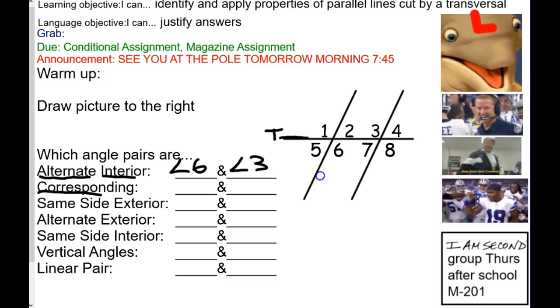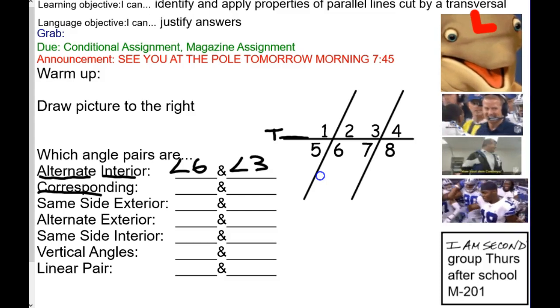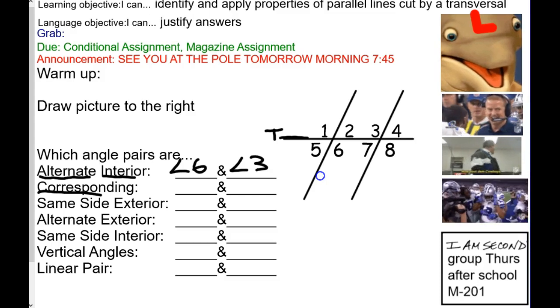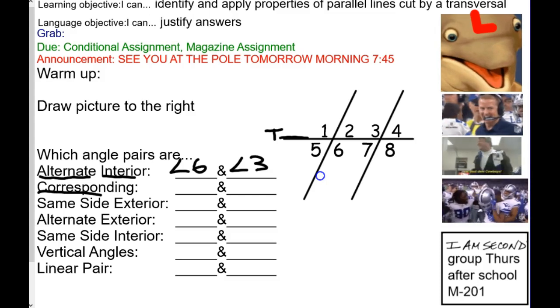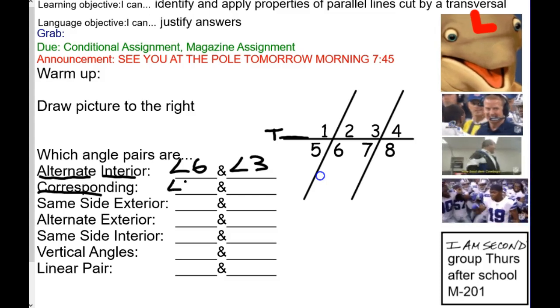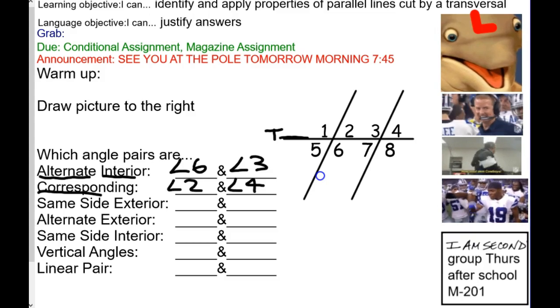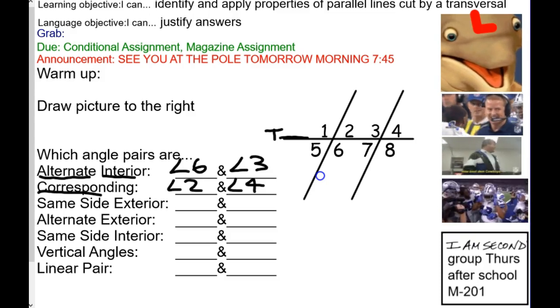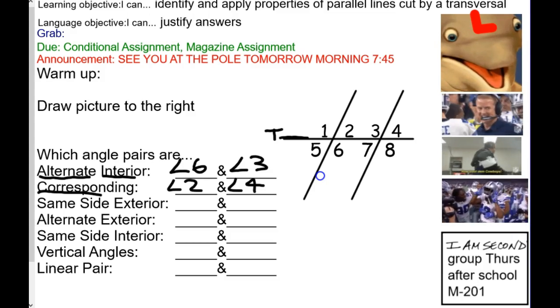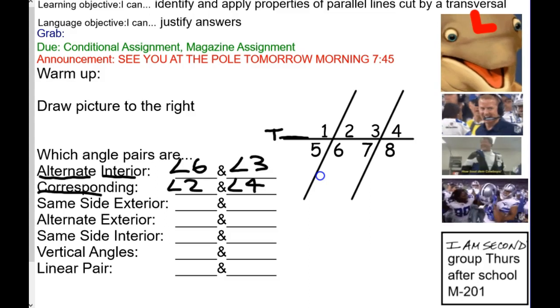Another way to know this is that corresponding are on the same side of the transversal, but one's in and one's out. So see how 2 and 4 are on the same side of the transversal, but one's inside, one's outside. Okay, so angle 2 and angle 4 are corresponding. What's another example of corresponding angles here? 5 and 7. Okay. Wake up.